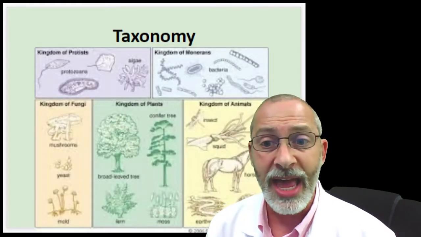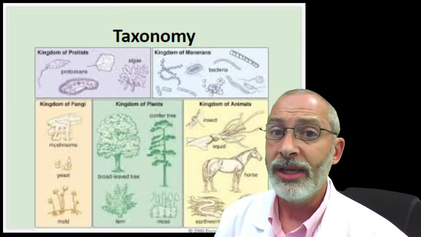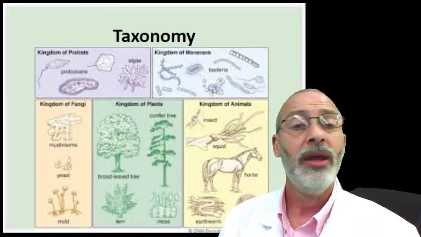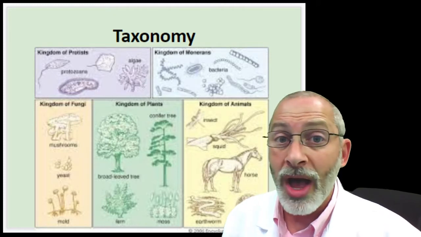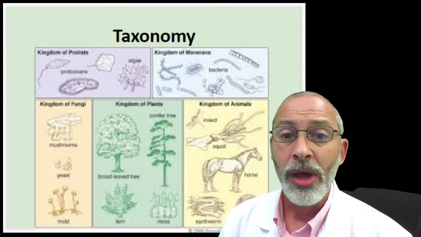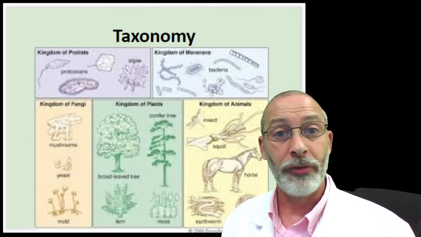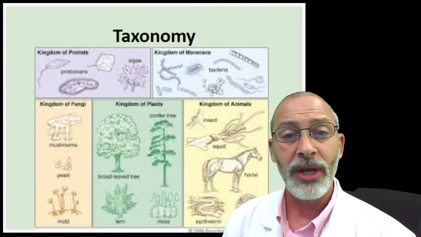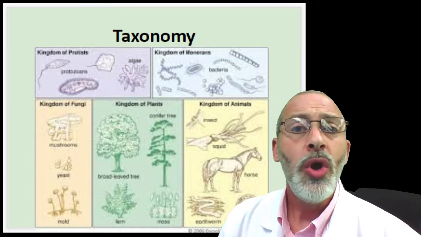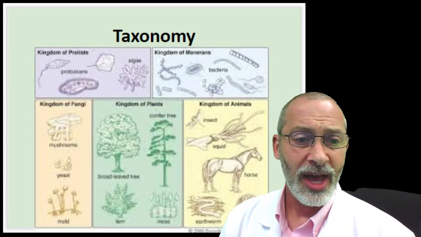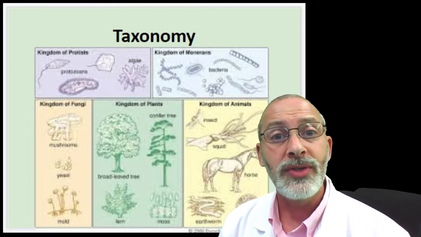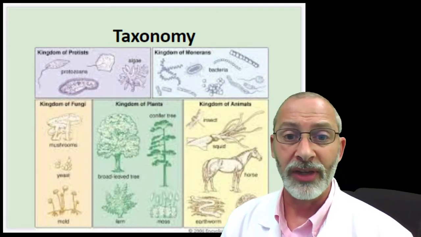In fact, today, even though there are debates going on with scientists right now about whether we should have 6 or 7 different groupings of living things, in class this year, we're going to discuss 5 different categories or groups of living things.